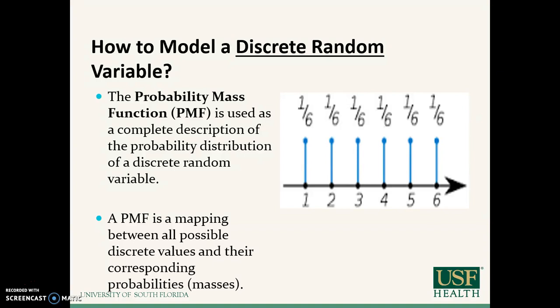On the right-hand side, you can see a PMF for rolling a fair die. The possible values are 1, 2, 3, 4, 5, 6, and each value has a probability of 1/6 to happen. You can see graphically what this PMF looks like.